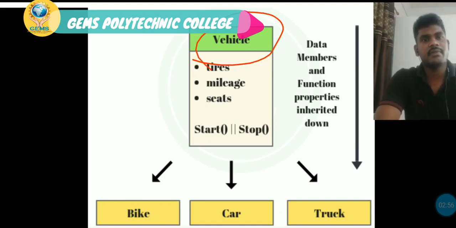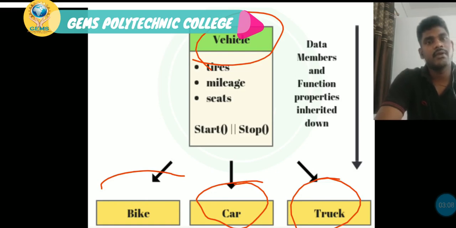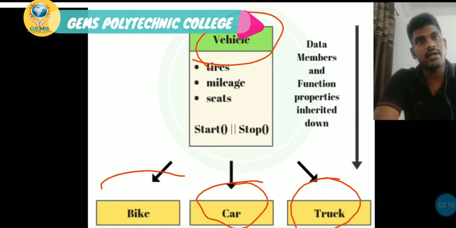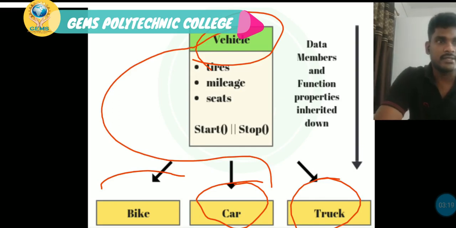At the same time, bike, car, truck, these three are also vehicles. That means these are derived classes of vehicle. The bike, car, truck are called derived classes from the base class. This is the base class and these three are the derived classes.